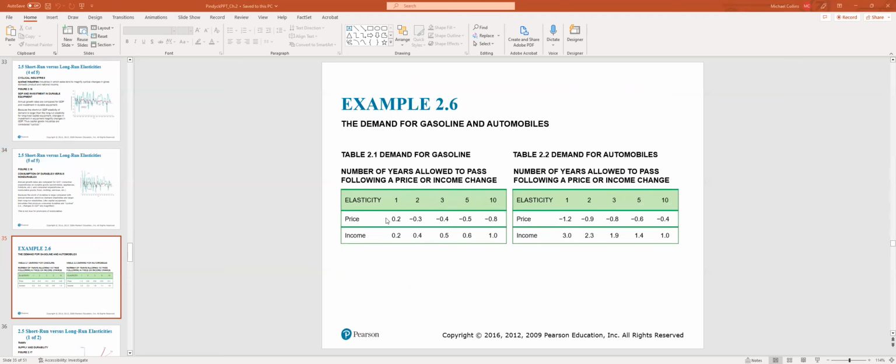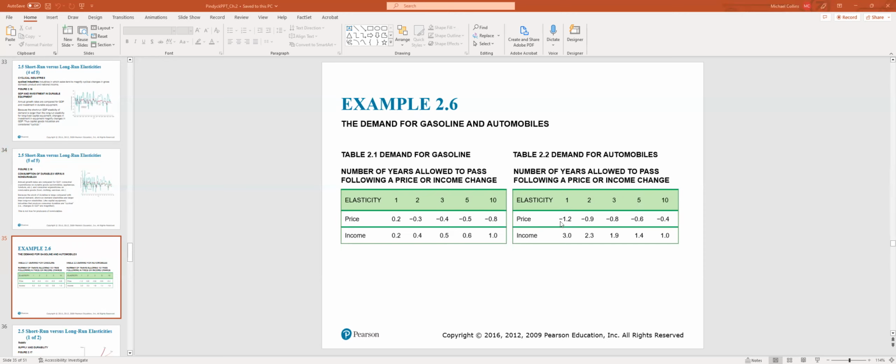Demand for gasoline. So we're seeing price and income elasticities as the number of years allowed to pass following a price or income change increases, for demand for gasoline, and then demand for autos. We see that the price and income elasticities are pretty inelastic for gas. And on the demand for auto side, it's very elastic, right?